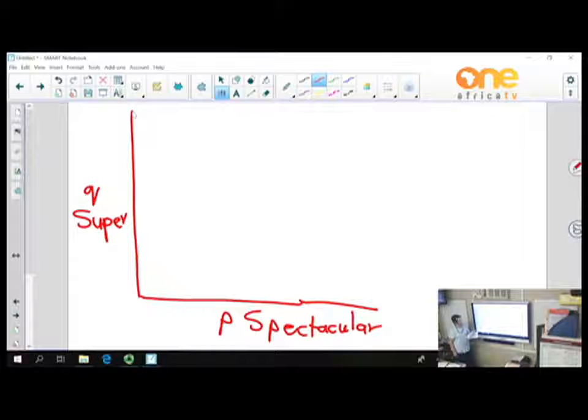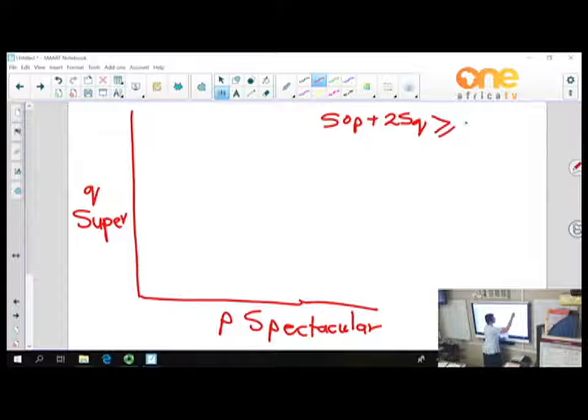Now if I take the display time, I would say 50p plus 25q. Just look, that is in seconds, and the time is 35 minutes. So what is 35 minutes in seconds? If you multiply it by 60, it should be at least, that means it might be more, 2,100.